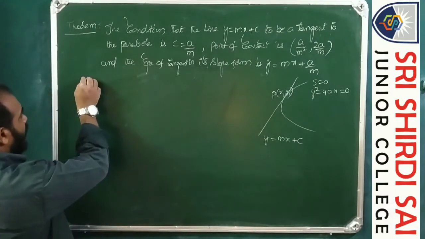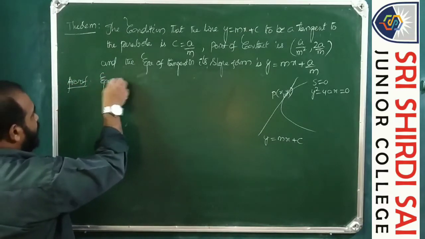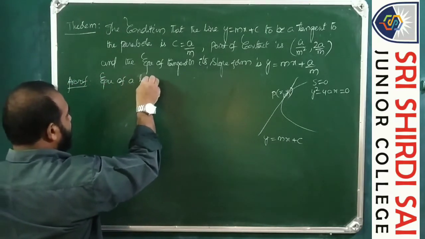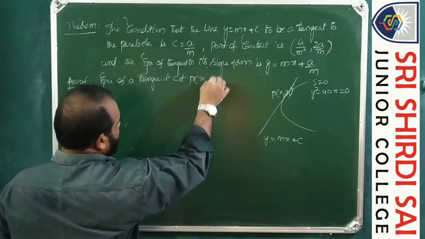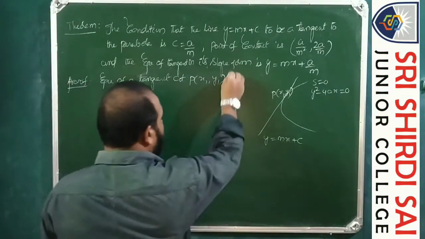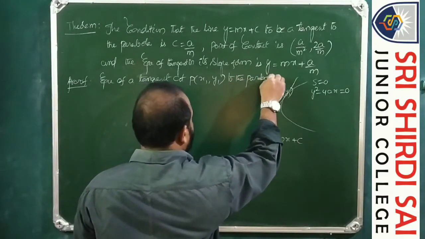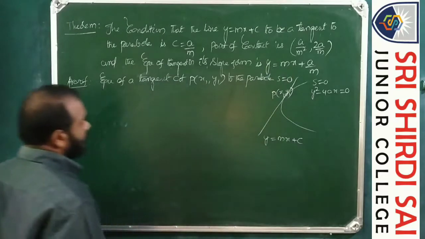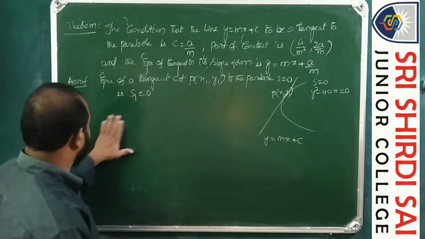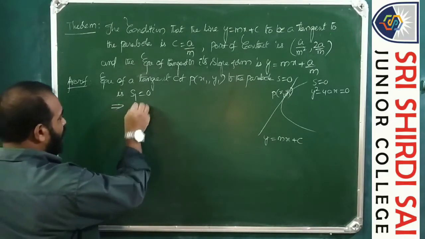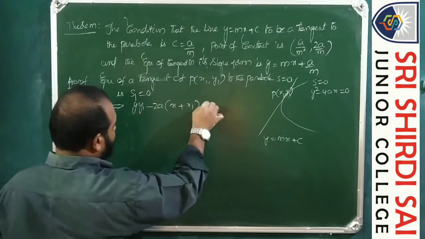Proof. What is the equation of a tangent at P(x1, y1) to the parabola S equals 0? That is S1 equals 0, which we have proved also. So this is y y1 minus 2a(x plus x1) equals 0.